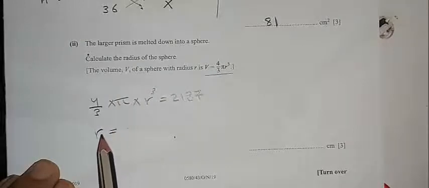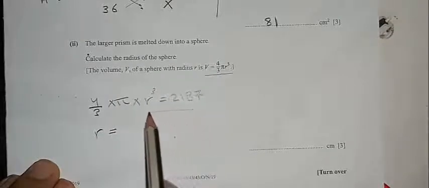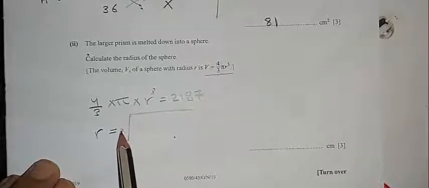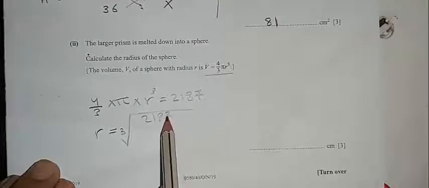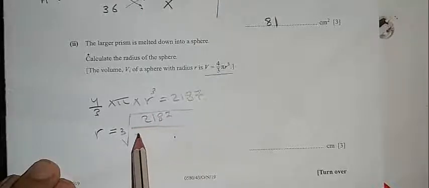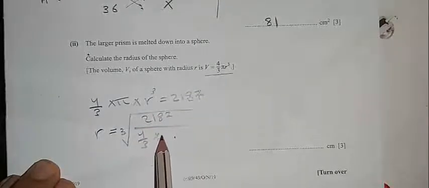So if we want to find the value of r, we will take the cubic root of this expression, 2187 over 4/3 times pi.